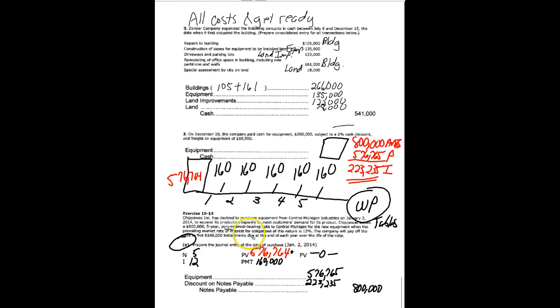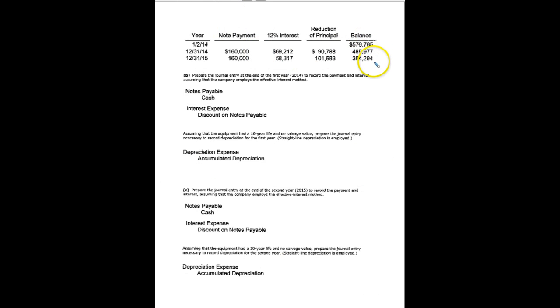Okay, so now we said the present value is 576,764, well actually 765. So I've plugged it into this table. So here's our loan amortization table. So we start with this balance. Our interest rate is 12%, so 12% of our balance, of our principal, is $69,212. Here's our cash payment.